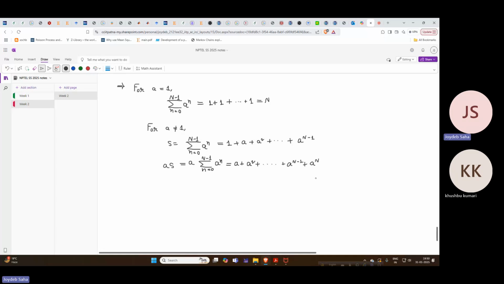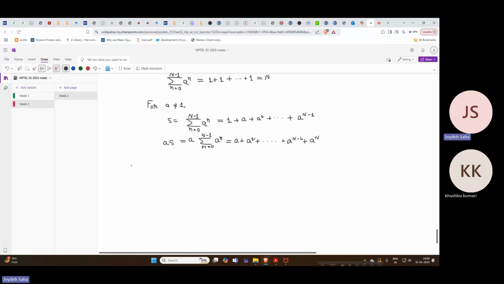Now we will subtract this from this. If we subtract this from this, then we will get S minus aS.